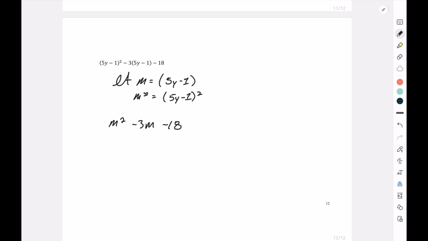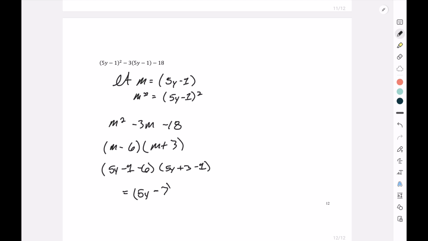We can see this is a similar form, and so we would have a negative 6 and a positive 3. And so we would have m minus 6 and m plus 3. Plugging those values back in, we would just have a 5y minus 1 minus 6 and a 5y minus 1 plus 3. Combining like terms, we would have as an answer 5y minus 7 and a 5y plus 2.